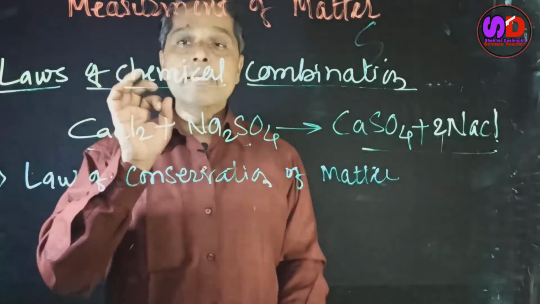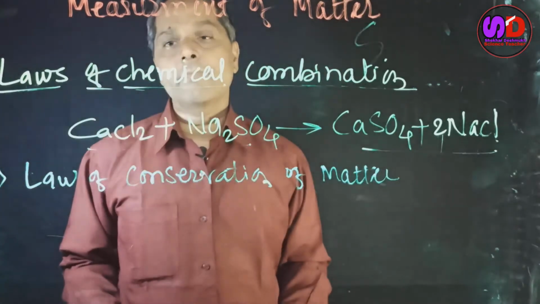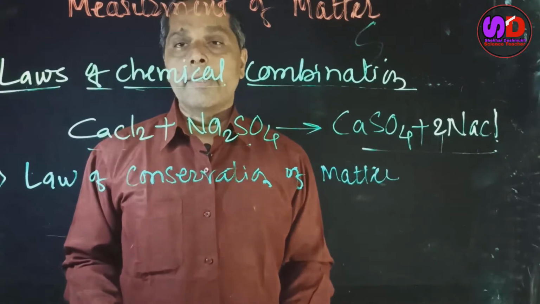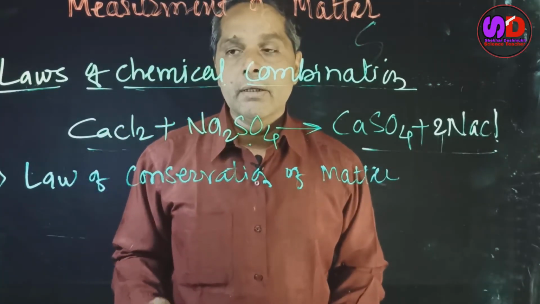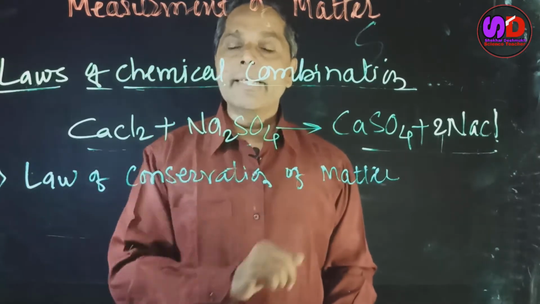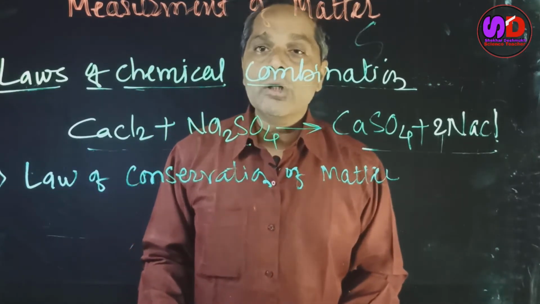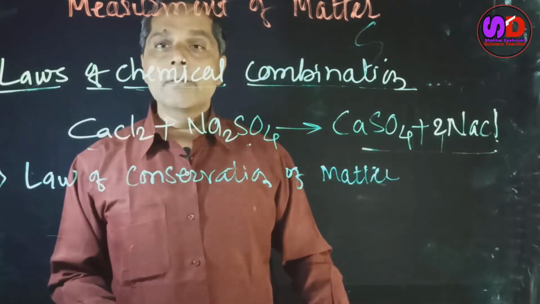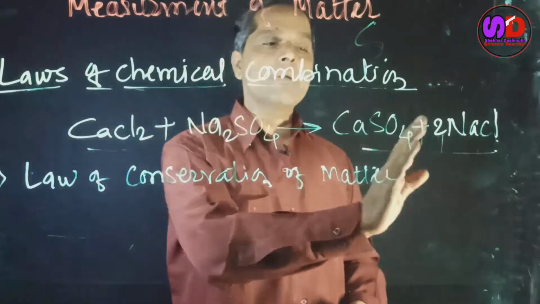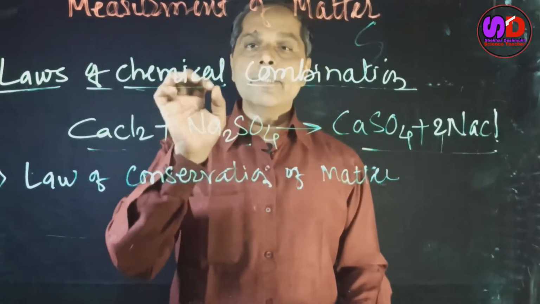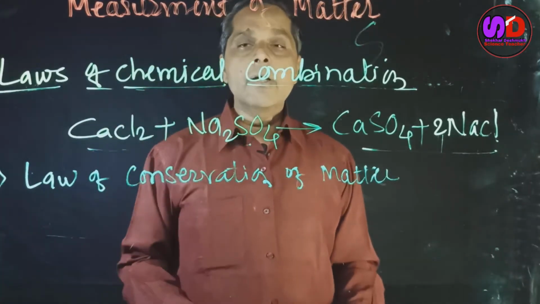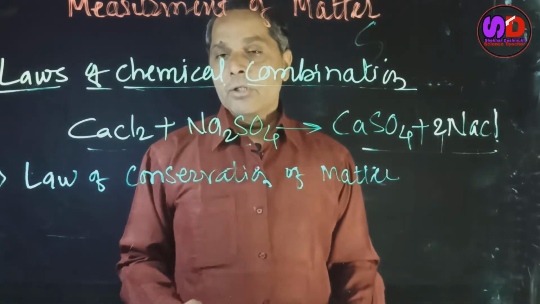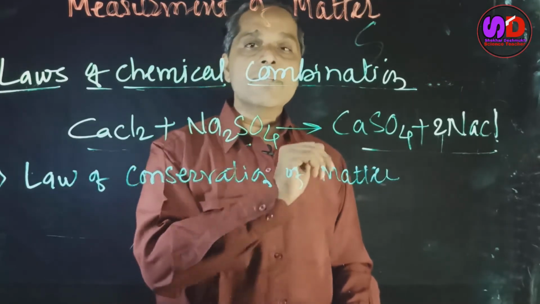Whenever a chemical combination takes place, the total mass of the reactants and the total mass of the products is always the same; it gets conserved, or it doesn't change. So this is nothing but the law of conservation of matter.